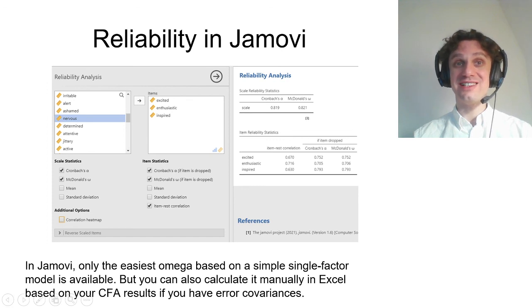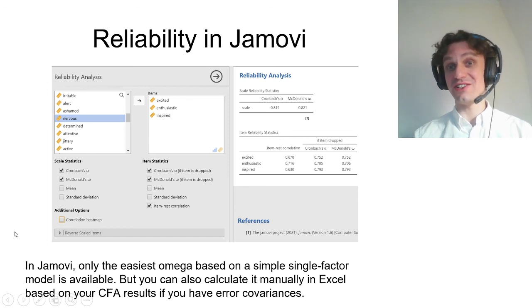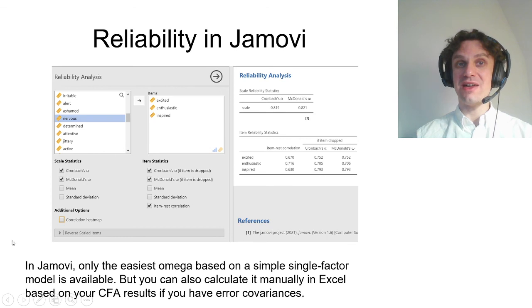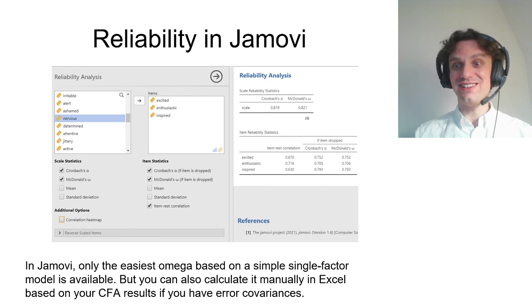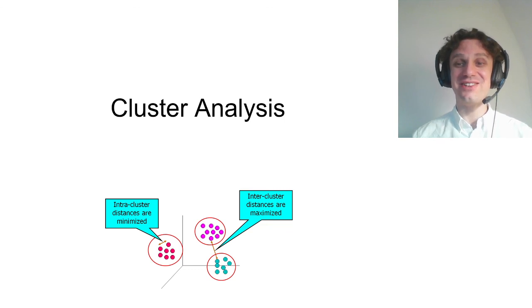And of course, you can basically take the output from a confirmatory factor analysis and calculate omega by hand in Excel. This is also an option. So you have conducted exploratory and confirmatory factor analysis. You have evaluated your reliability. Now let's take a look at some more complicated situations.